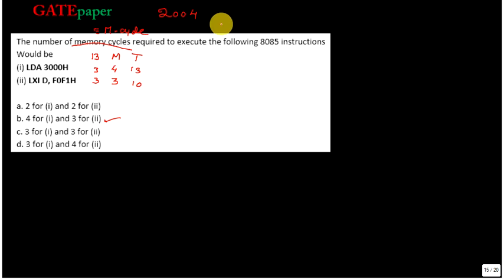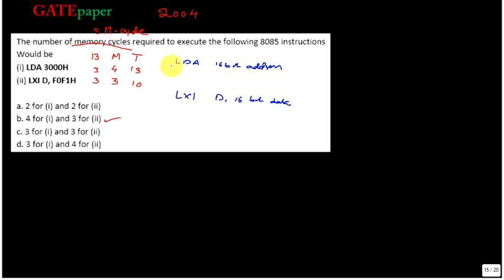The LDA instruction can be written as LDA 16-bit address, whereas LXI can be written as LXI D, 16-bit data. Remember this: LDA 16-bit address loads the accumulator with the data present at the 16-bit address mentioned in the instruction.